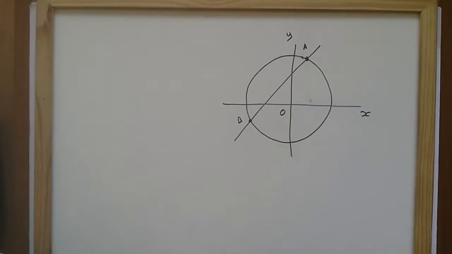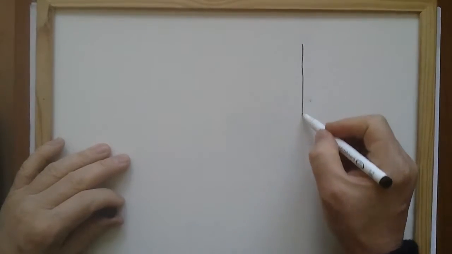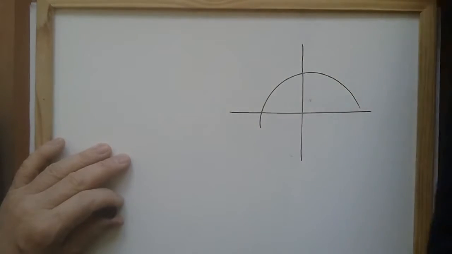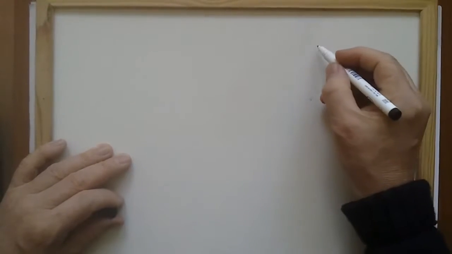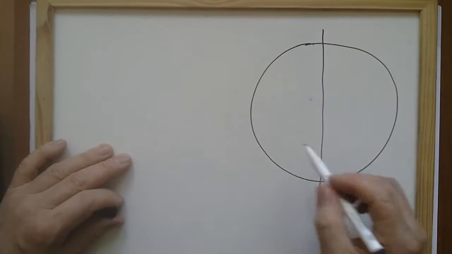Let's think about this. Let's take that out and let's put in just the circle. So here's the axes. Dreadful. There's a circle.